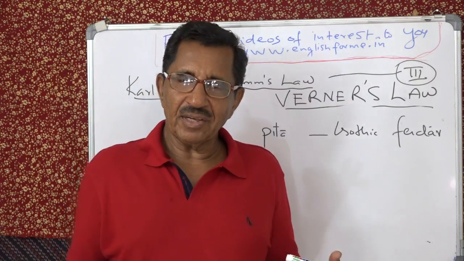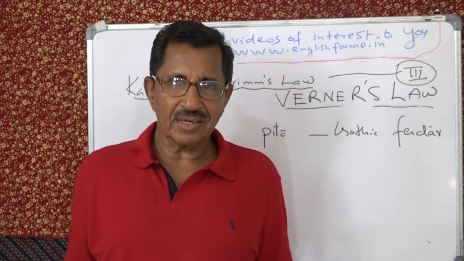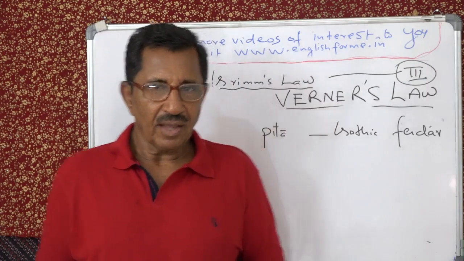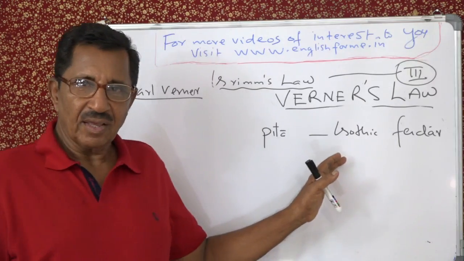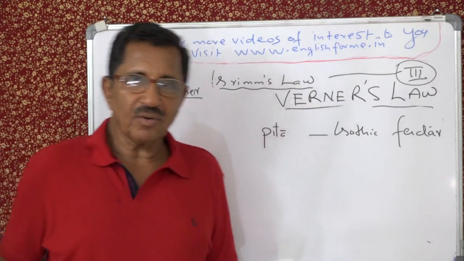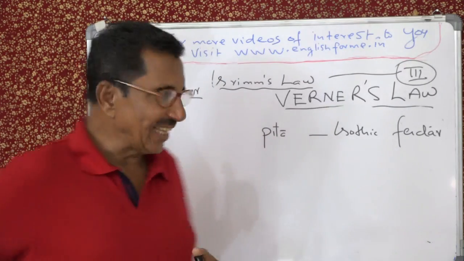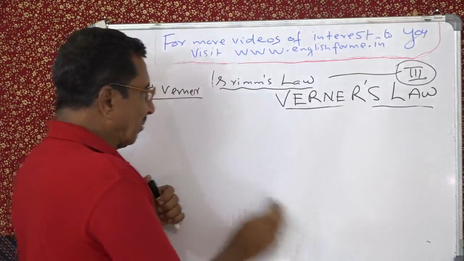If you have any book where you get examples for Karl Verner's law, or Verner's law for short, I found a few examples. That's what I am giving you. And if you find good examples, you can share them with me. Okay, thank you very much. So this is what is meant by Verner's law.